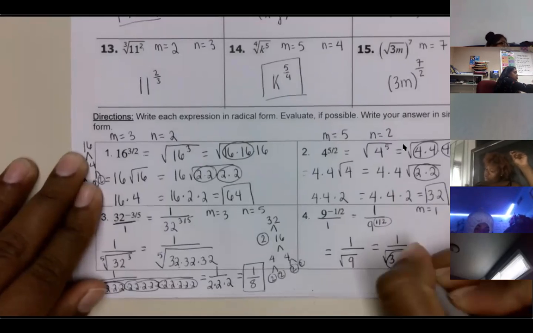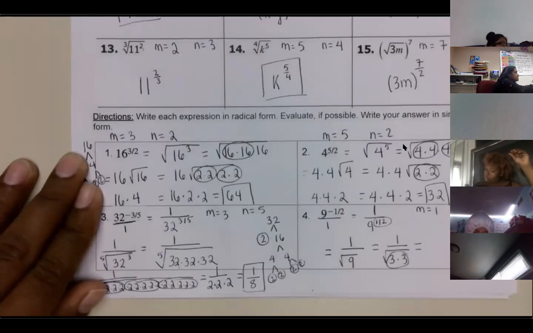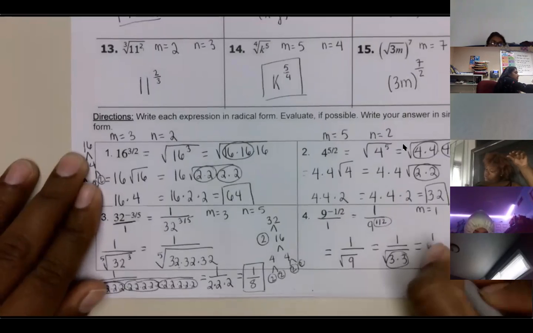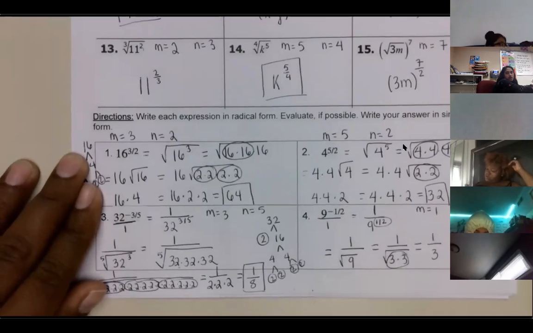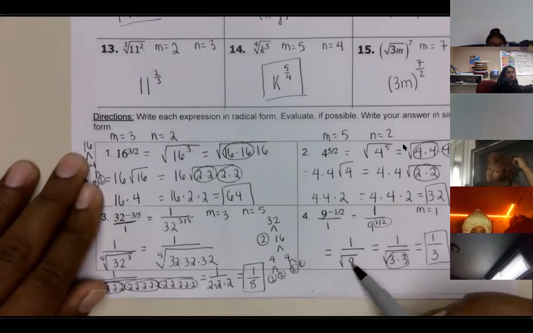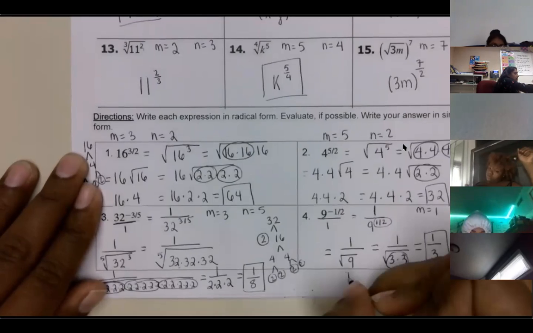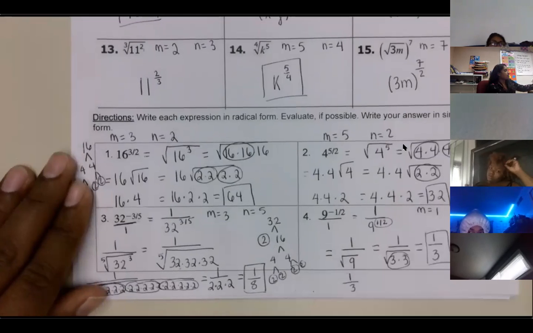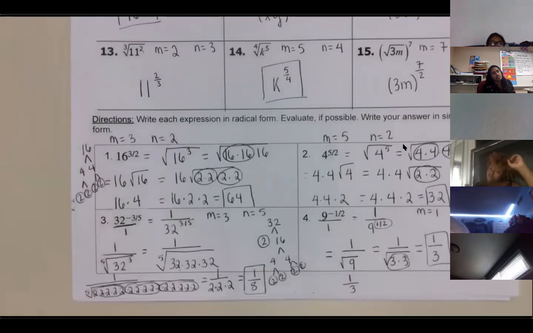The index is 2, so we're circling pairs. So we can take out a 3. So it's 1 over 3, the radical disappears. You could have also noticed that the square root of 9 right here is a perfect square. The square root of 9 is 3, so you could have taken the shortcut and gotten to your answer as well. Any questions about number 4?